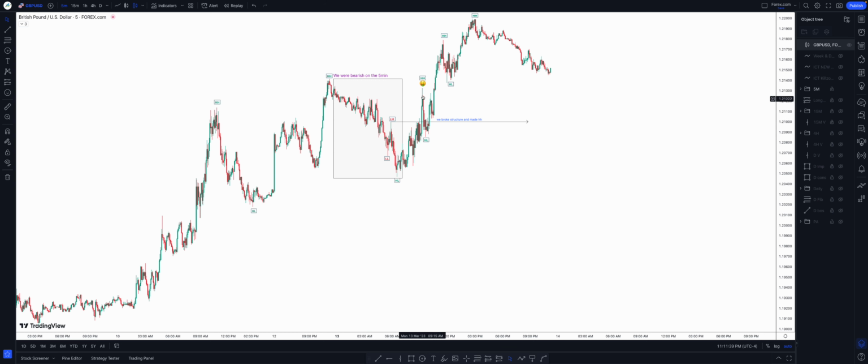We'd retrace back down, and we were anticipating a higher low to get created. See, at this point, when the market broke this high, we should be considering this as a higher high, most likely, because this whole bearish price action is finished. So you should be expecting a higher high to happen there.